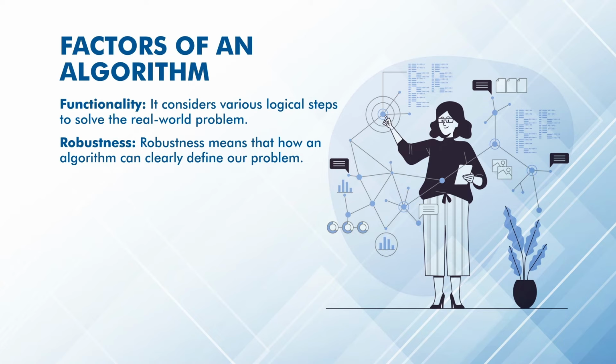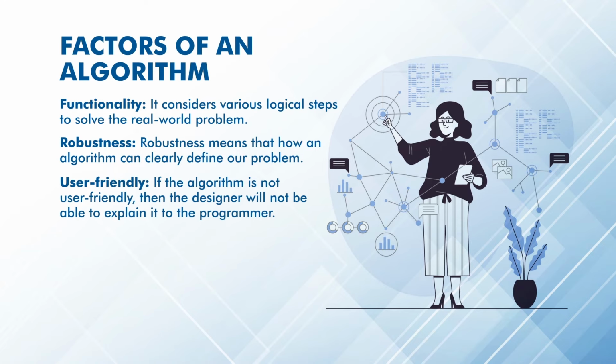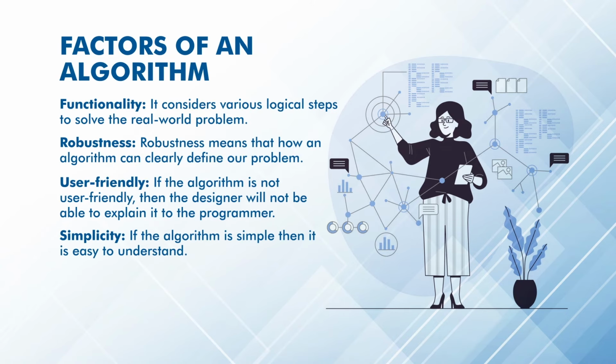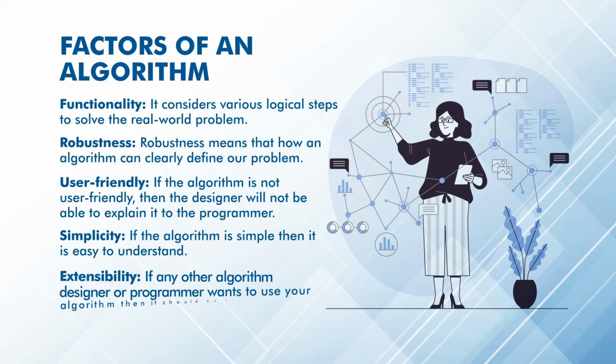Robustness means how clearly an algorithm can define our problem. It should be user-friendly. If the algorithm is not user-friendly, then the designer will not be able to explain it to the programmer. Simplicity. If the algorithm is simple, then it is easy to understand. Extensibility. If any other algorithm designer or programmer wants to use your algorithm, then it should be extensible.